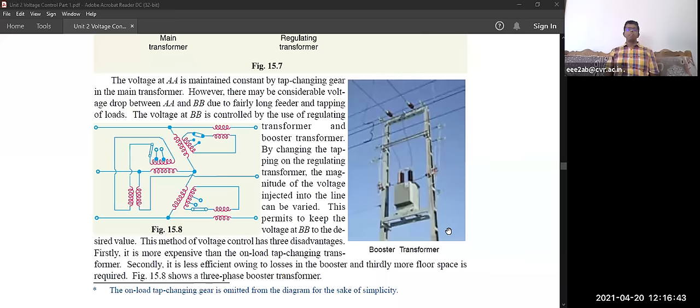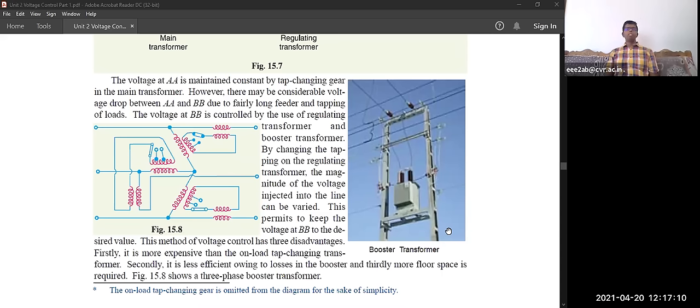Like previously, 15 years back, you would find booster transformers in many areas. After 2010, 2012, the Ministry of Power decided to eradicate all these booster transformers by using the distribution transformer itself.